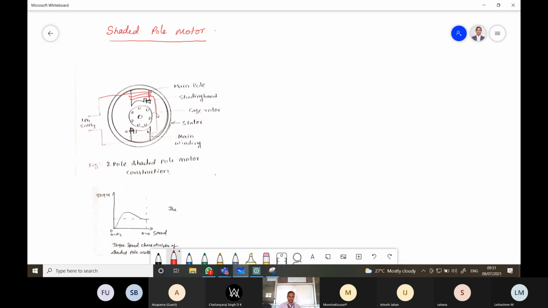It will be connected in series with another winding also. A single phase AC supply is given across this winding, and in that construction a shading band is provided.